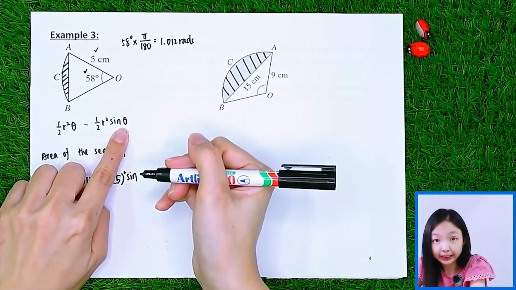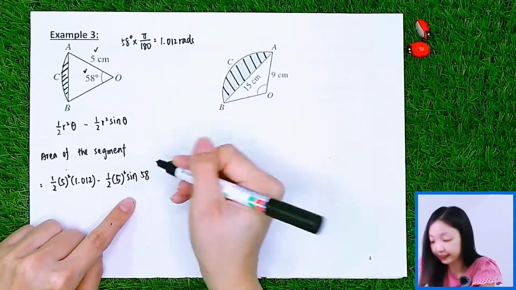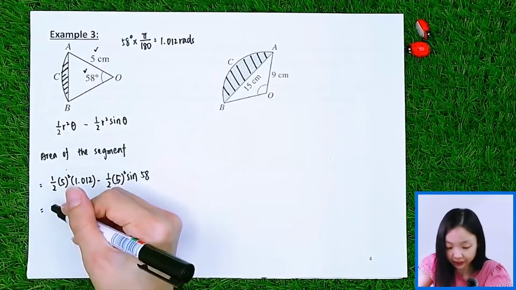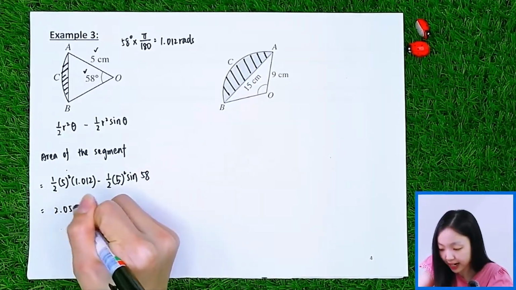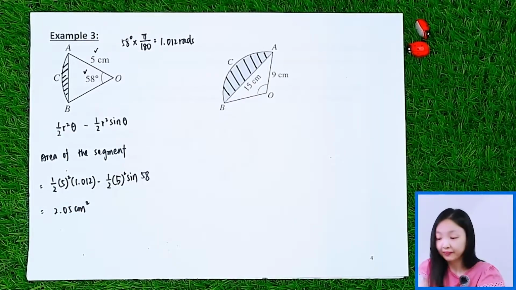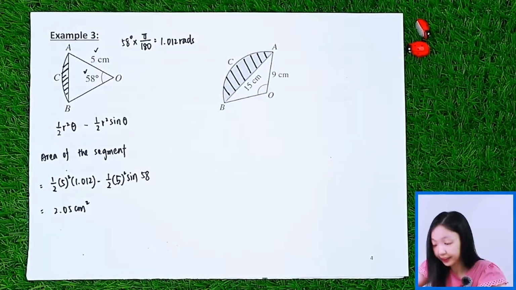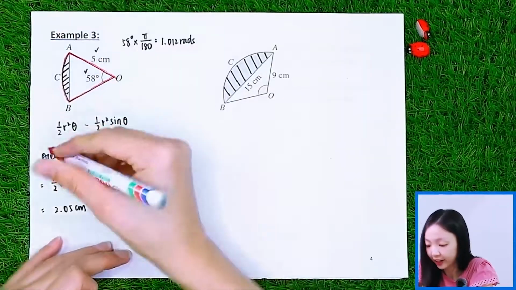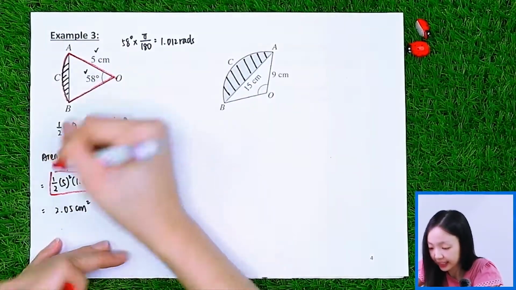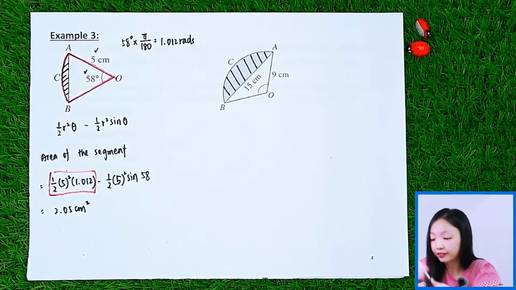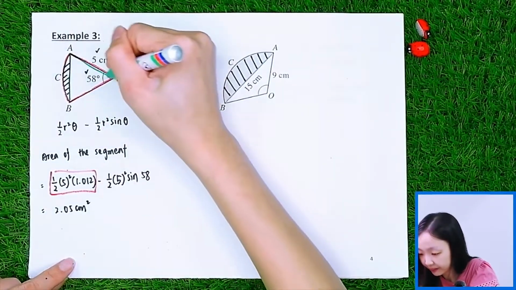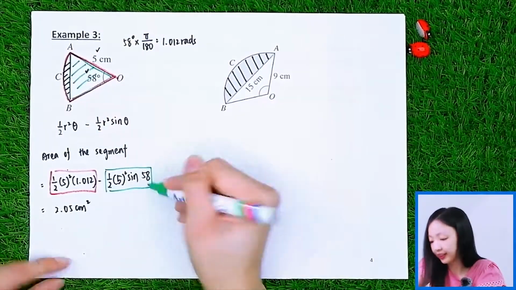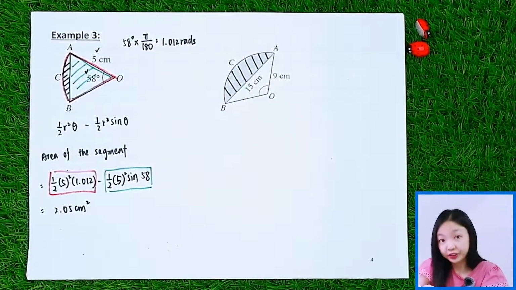This theta has to be in degrees, 58 degrees. So you just press your calculator, and you get your final answer, which is 2.05 cm squared. So you find the whole area of this sector, and then minus this triangle, then you will get your area of the shaded region.